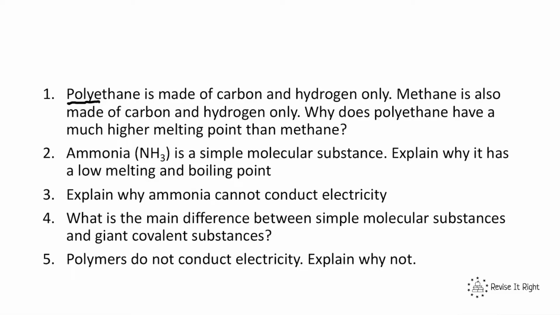Number one, polyethylene is made of carbon and hydrogen only. Methane is also made of carbon and hydrogen only. Why does polyethylene have a much higher melting point than methane? That is because polyethylene is a polymer, and a polymer is a long molecule, a long chain, a large molecule.